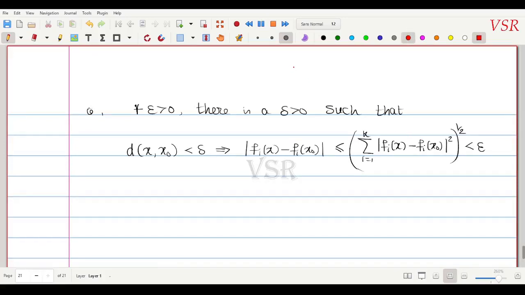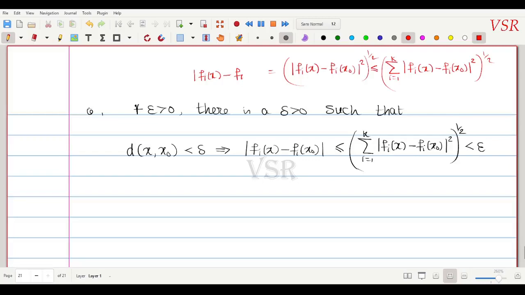Can I write modulus of fi of x minus fi of x naught the whole square is always less than or equal to the summation i equal to 1 to k of modulus of fi of x minus fi of x naught the whole square? Okay, because this is just one term and here there are k terms, so this is always bigger. Now taking the power 1/2 on both sides, this is equal to modulus of fi of x minus fi of x naught. That's all.